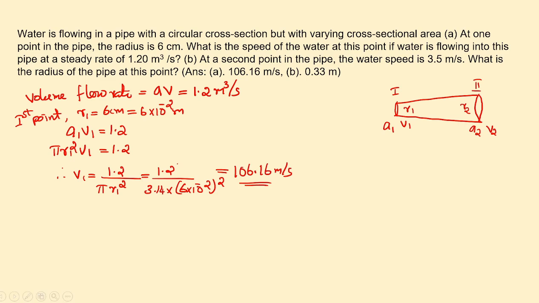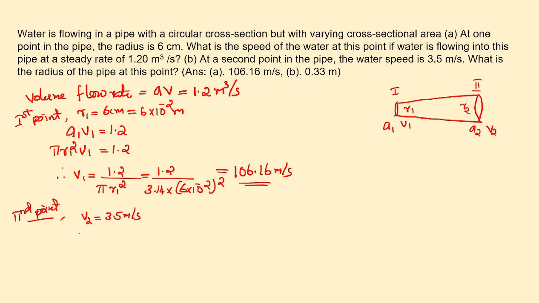You can do the same method for finding the radius at the second point, where V2 is equal to 3.5 meter per second.